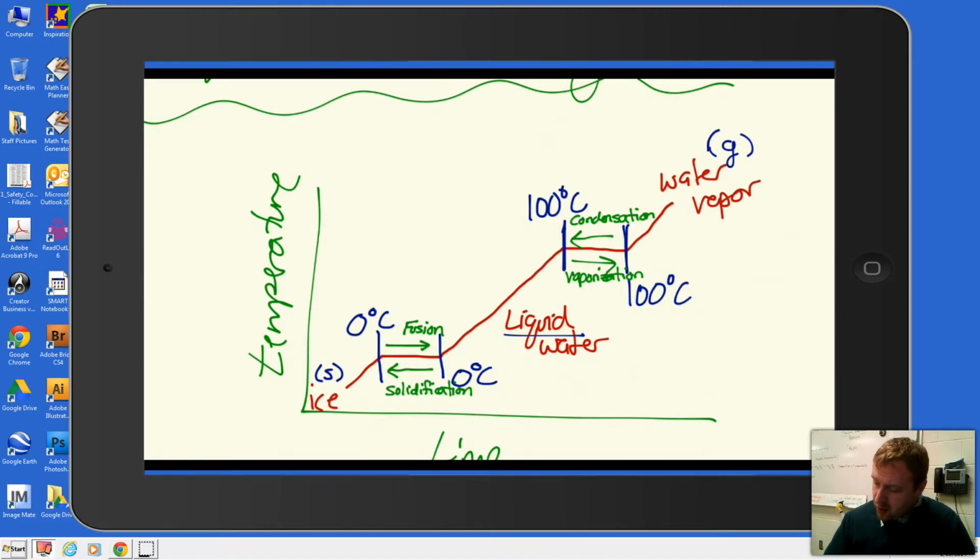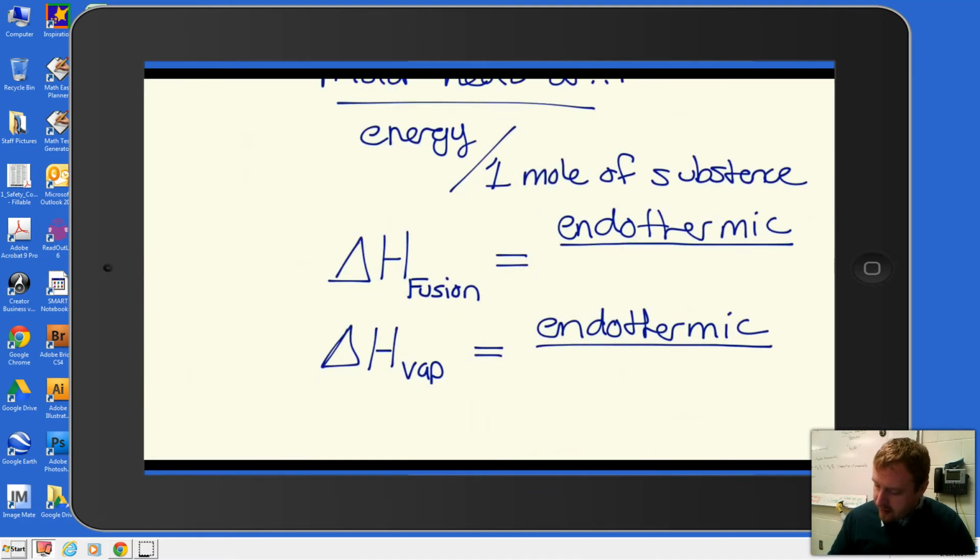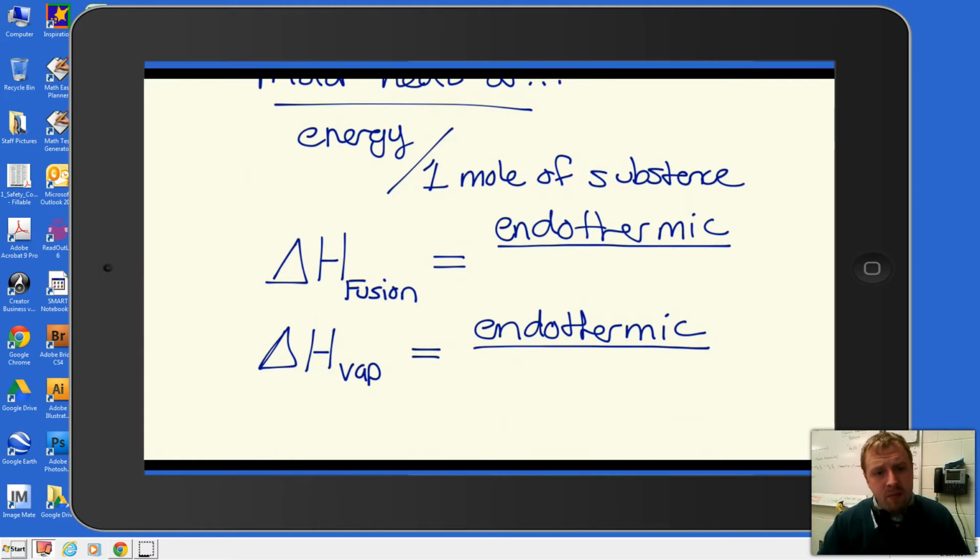If we go back to this slide here, typically speaking, this delta H fusion and delta H vaporization are going to be positive. Now, for water, pretty sure the number for fusion is right around 6 kilojoules. It's like 6.01.